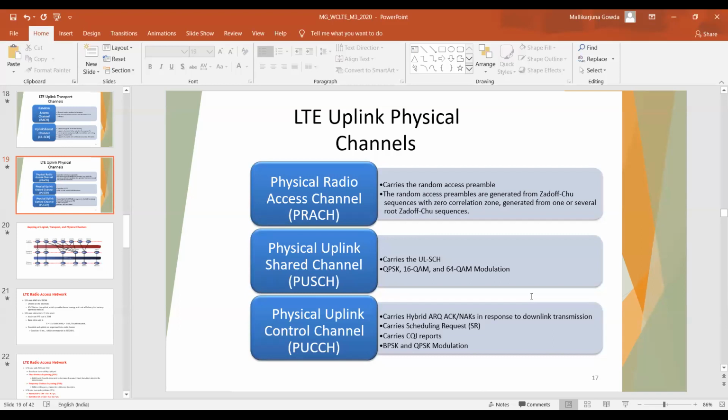Uplink is from user equipment to the ENB, right? So this PRACH carries the random access preamble. Okay, these random access preambles are generated from Zadoff-Chu sequence.